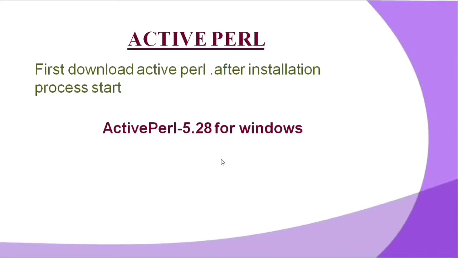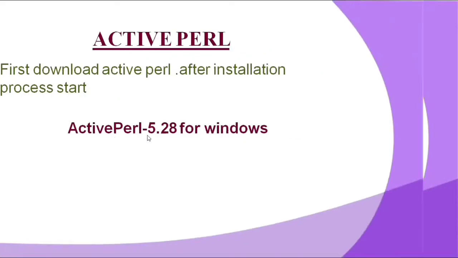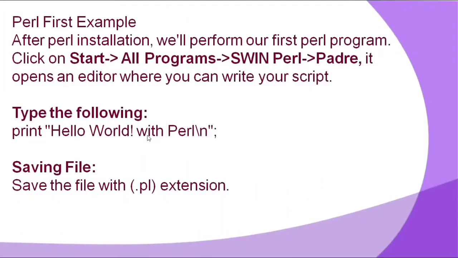First download ActivePerl, then start the installation and click the link 5.28 for Windows. So on my Windows, I am choosing ActivePerl 5.28. After installation is completed, open Notepad and type the program. Then run this program in the command prompt, saving it with the .pl extension.